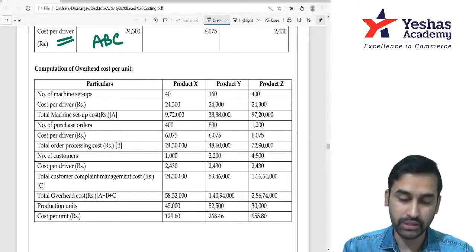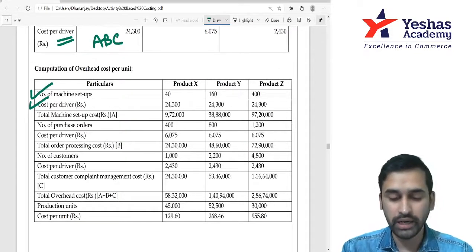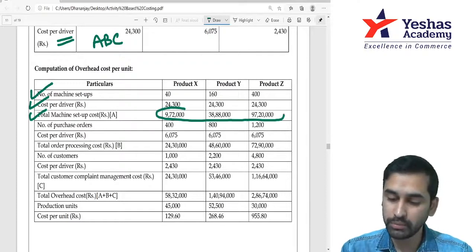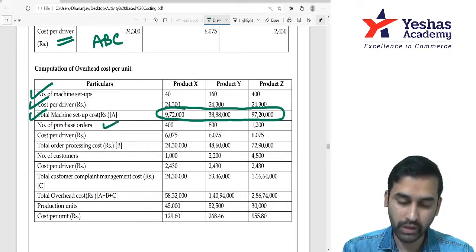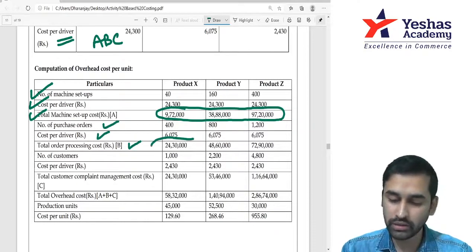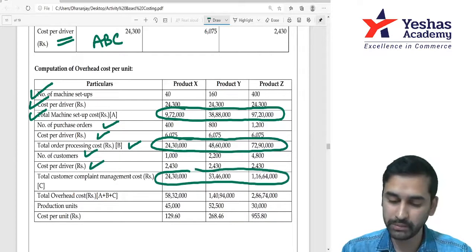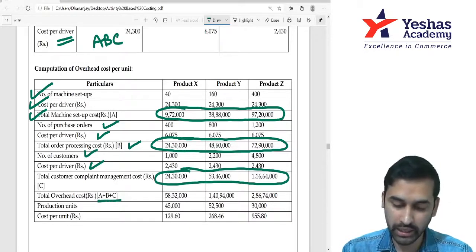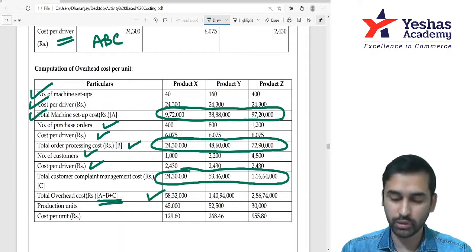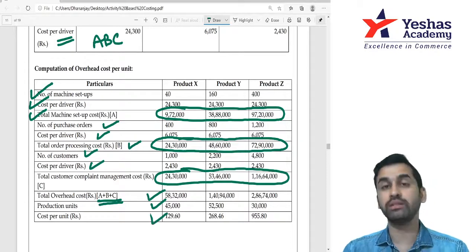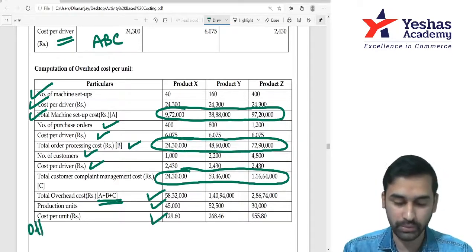See here, first machine setup rate, and then they got machine setup cost. Then purchase orders, rate, and then they got ordering cost, order processing cost. Then number of customers, cost driver rate, so complaint management. Then they added all the three. You see here A plus B plus C, they got the total, divided by number of units, they got cost, but this is only overhead cost per unit.